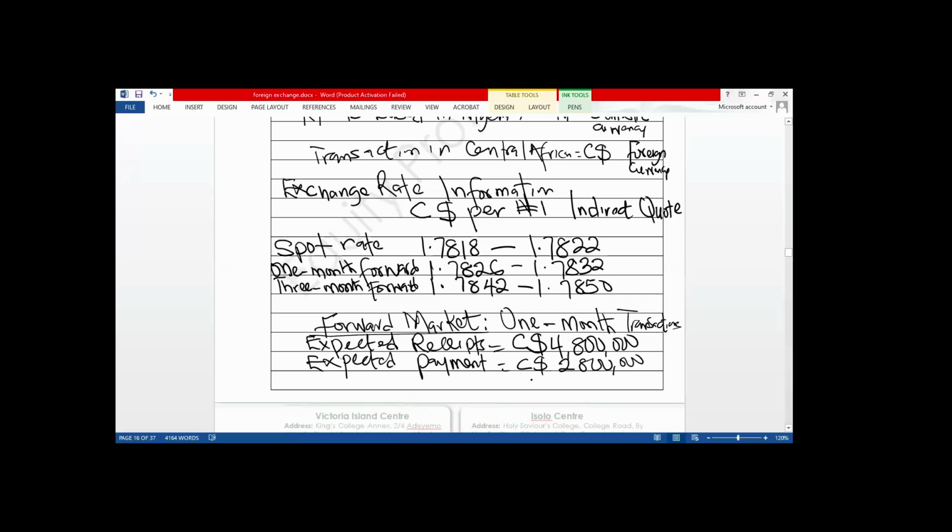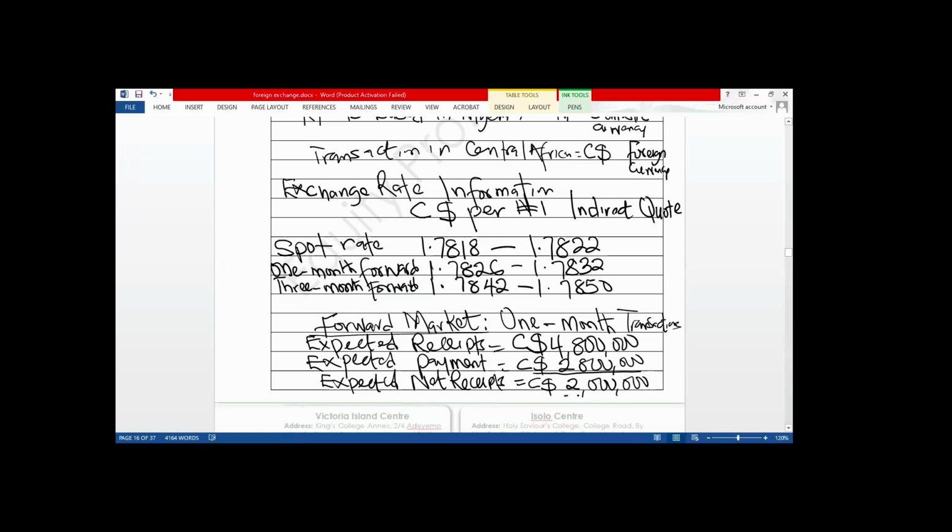Then you are going to net off receipts minus payments. We now have expected net receipts. That will give us C dollar 2 million.